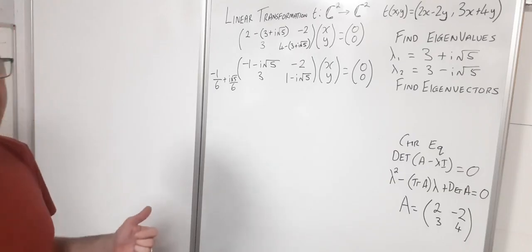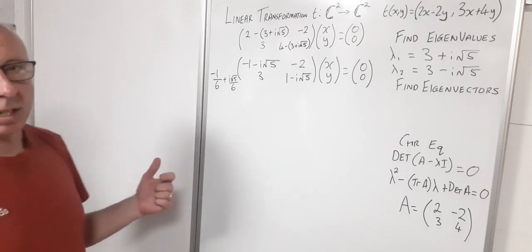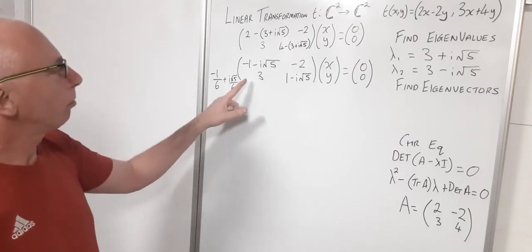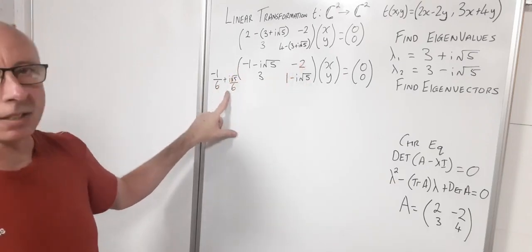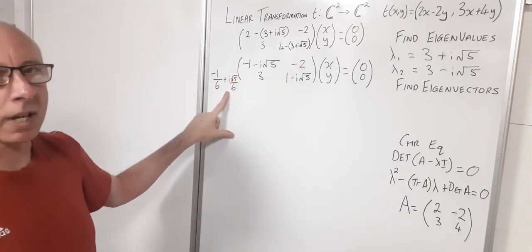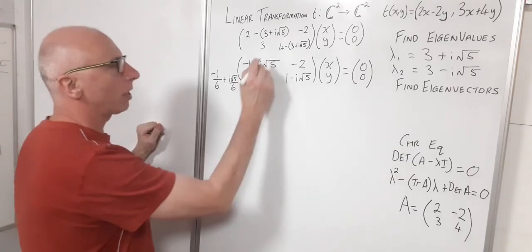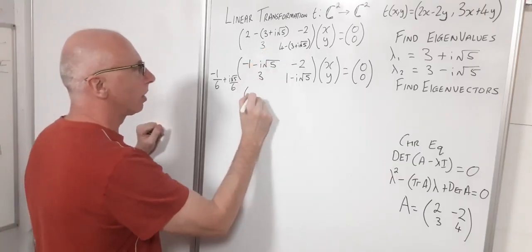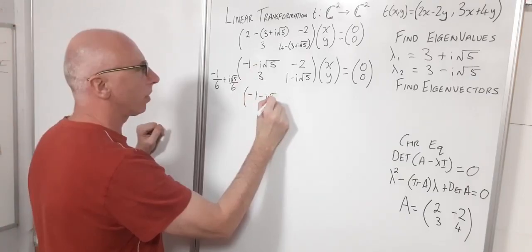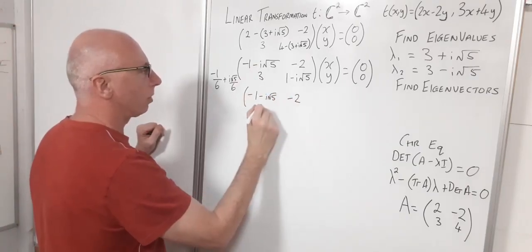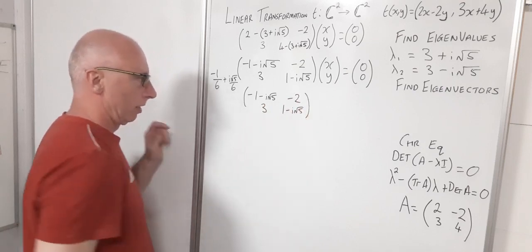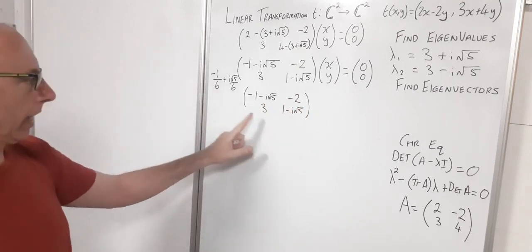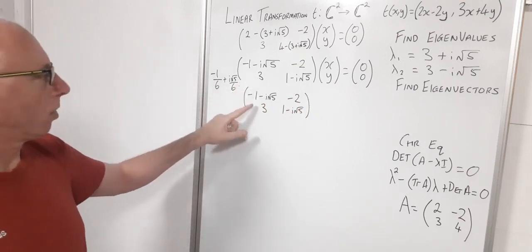And what I'm going to do now is do Gauss-Jordan elimination. And my first input will be to multiply that by that. Now you'll see good things will happen when we do this. So let's just bring this matrix down. So minus 1 minus i root 5 and minus 2, 3, 1 minus i root 5. So let's just concentrate on this and get that into some kind of row echelon form.